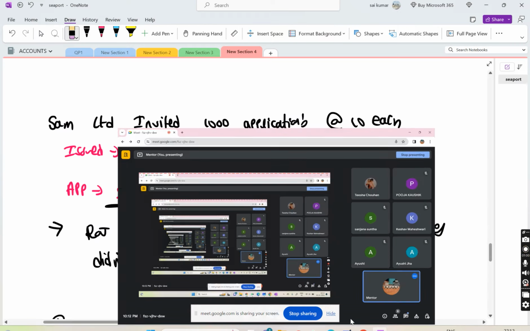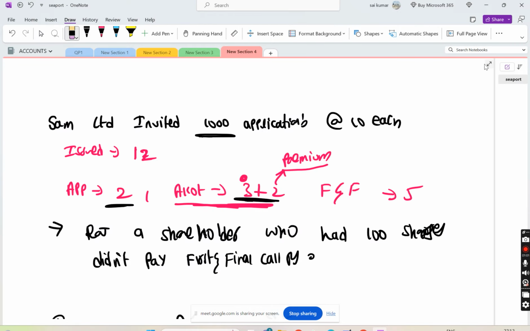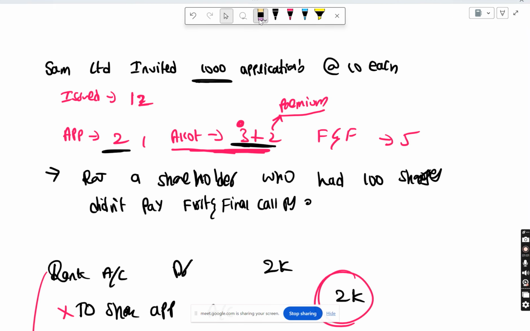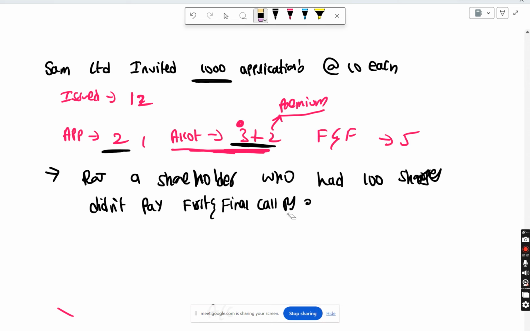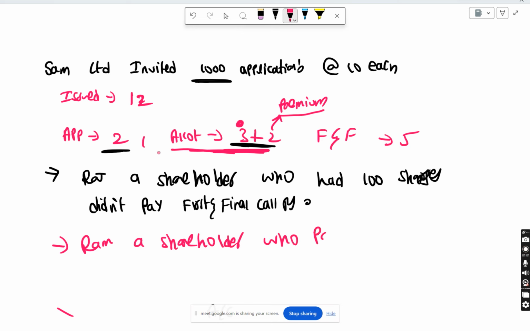Yes, sir. Now let's make some modification to this question. Can you answer it? Yes, sir, I'll try. So there is Ram, a shareholder, who paid first and final call money along with allotment money.